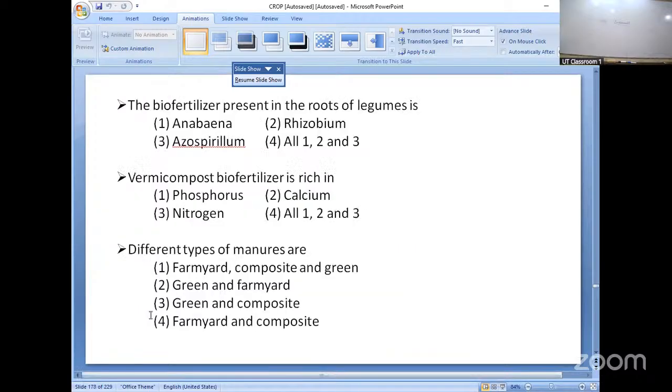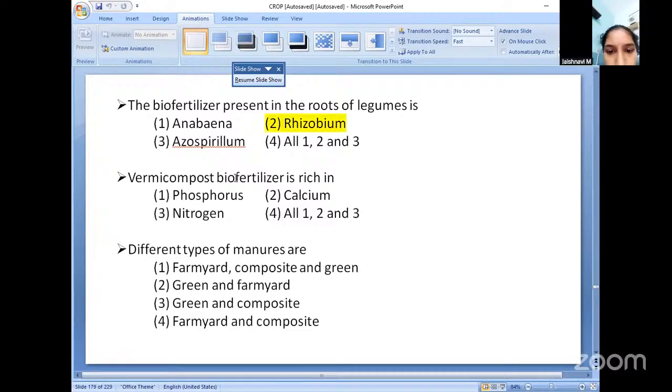The biofertilizer present in the roots of legumes, leguminous plants, is Rhizobium.